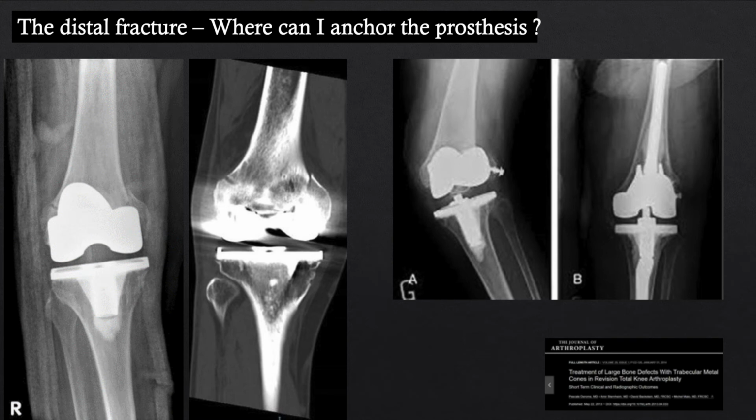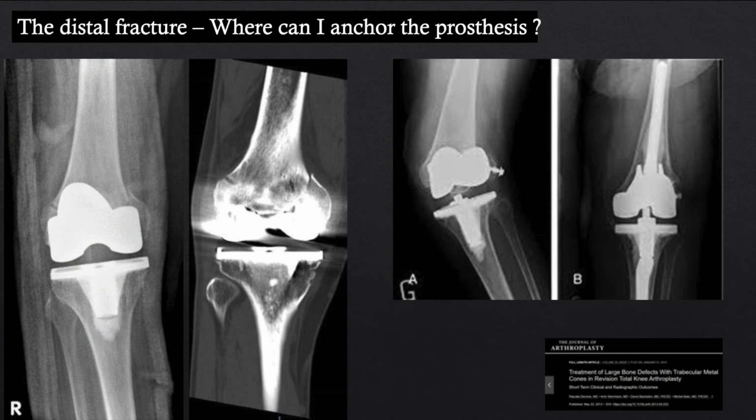So we always try to remember, where can I anchor the prosthesis for good initial stability such that I can get then long-term biological fixation and a long-term structurally stable knee. So a distal fracture like this will require us to get fixation up in the remaining metaphysis and having a diaphyseal securing hybrid stem fixation.